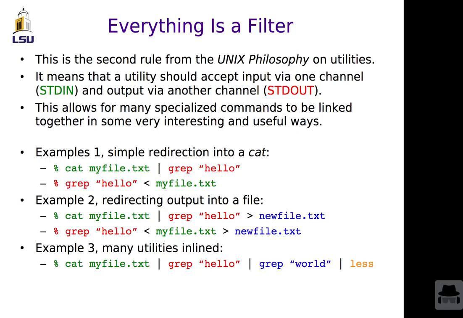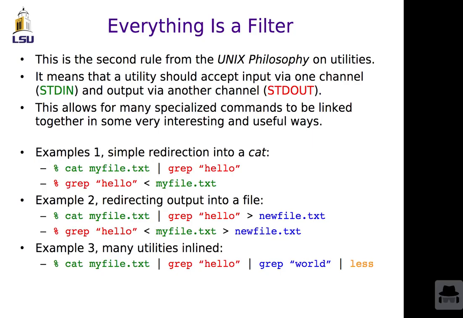Many utilities can be inline. This is just an example, and it's not even extreme. I mean, people can put together huge gargantuan programs just by linking together utilities. So there's cat my file, it goes into grep, it gets all lines that say hello. And say not all the lines also have world, but what this does is you'll get, and this doesn't necessarily guarantee you get hello world next to each other, but the hello and world are somewhere in each line.